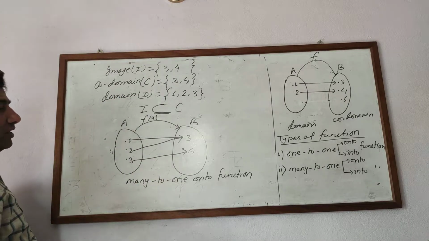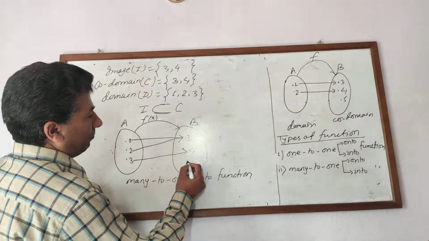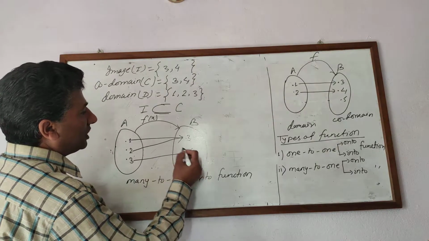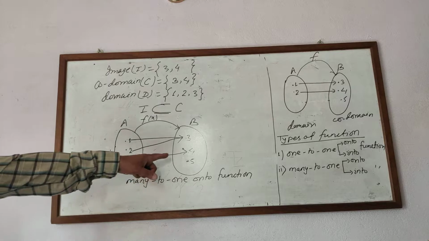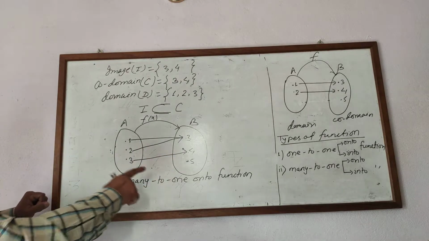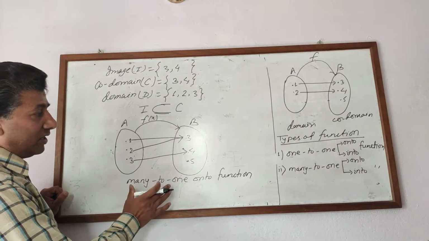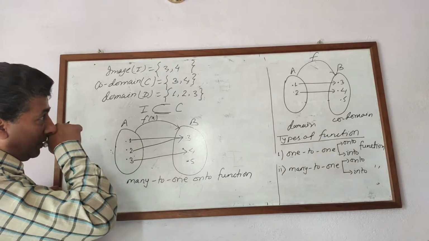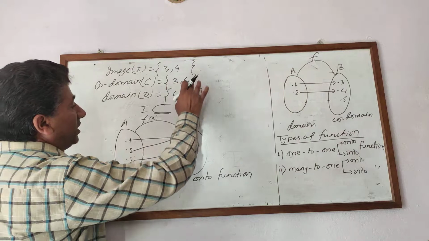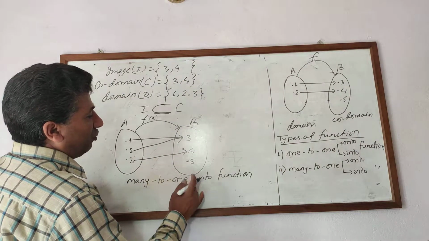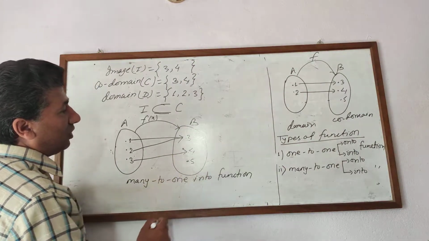Now into function. Suppose in set B, I have added one more element 5. Right now in this condition, this is also a function, but this is not onto. This is into function. Why is it into?